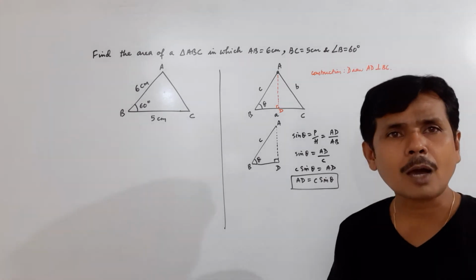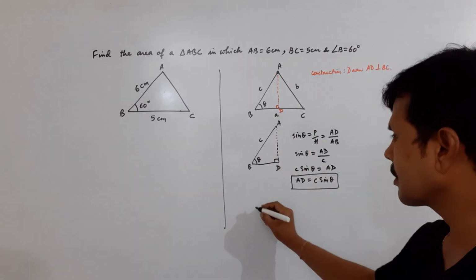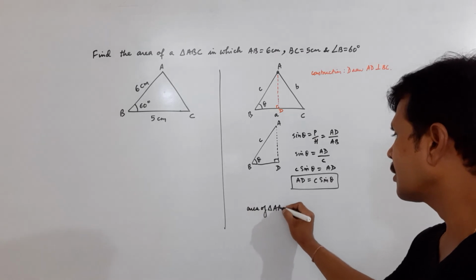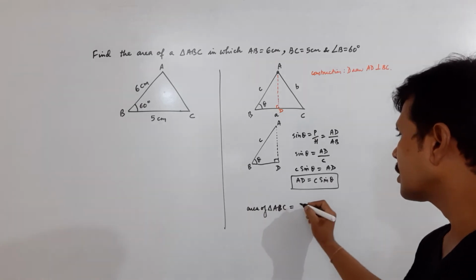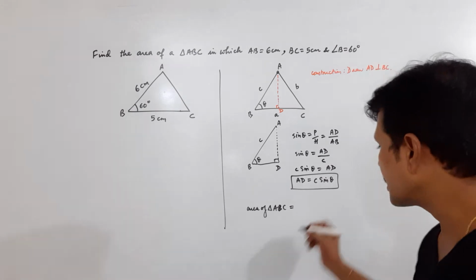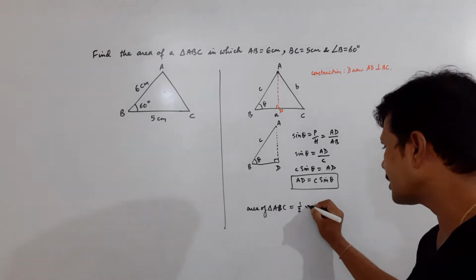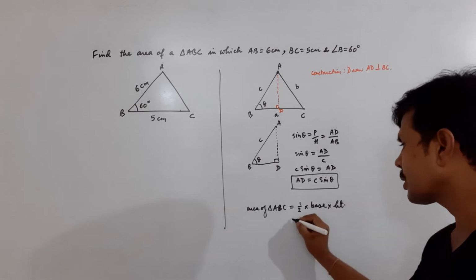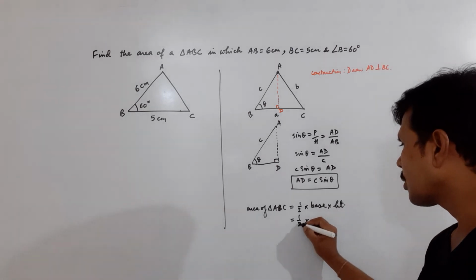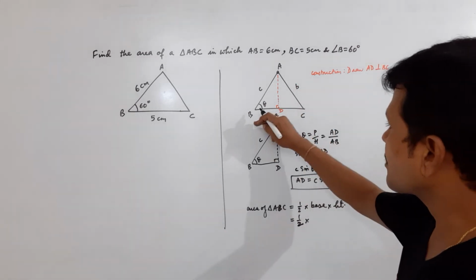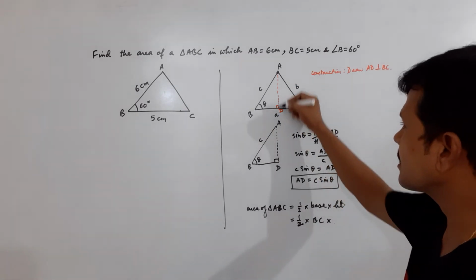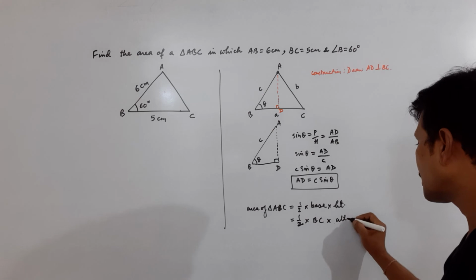Okay. Now come to the triangle. Area of triangle ABC. We know the formula. What is that? The general half into base into height. Now see, what is the base over here? I have taken base as BC. And what is the height? This altitude AD.